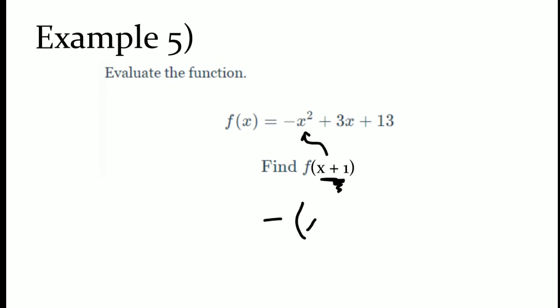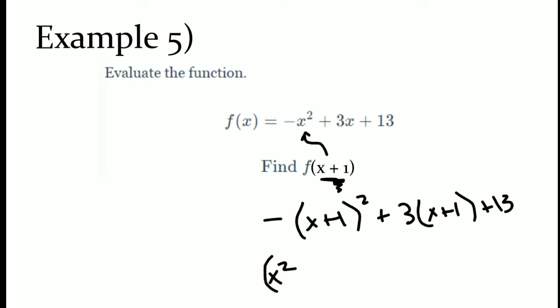All right. Negative x plus 1 squared plus 3 times x plus 1 plus 13. Just like that. And from here, we're just going to simplify. X plus 1 squared is going to give us x squared plus 2x plus 1. I can do that in my head because I'm a math teacher.